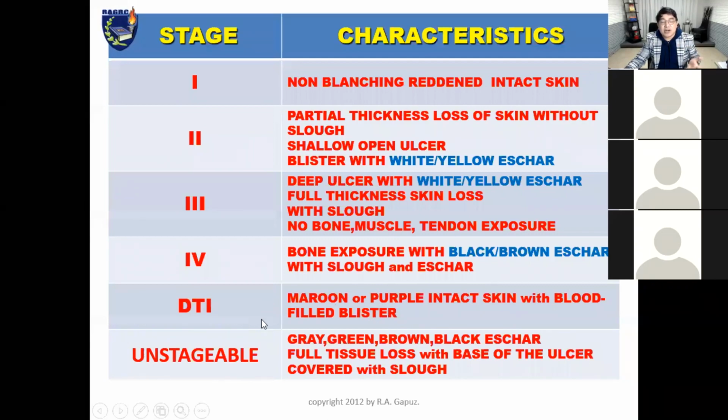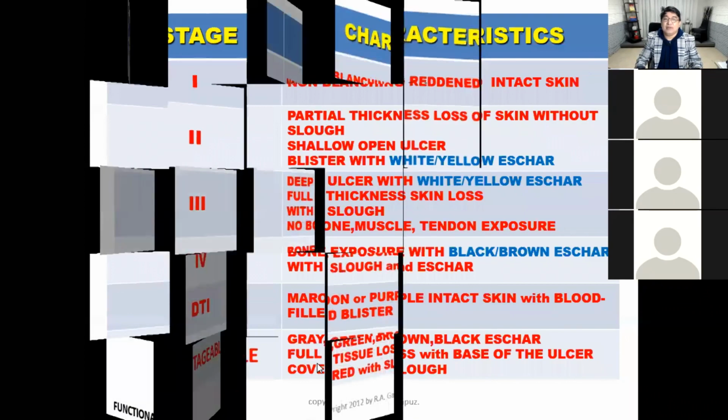Now there are certain sores that are considered unstageable when there's a mixture in terms of the color of the area, like there's a mixture of gray, green, brown, black eschar. There's full tissue loss with base of the ulcer covered with slough. Which means you cannot classify whether this is stage 1, stage 2, or stage 3. You just say unstageable, okay?